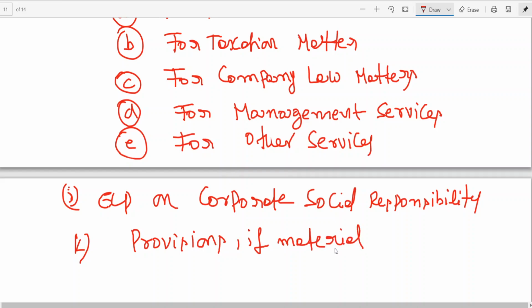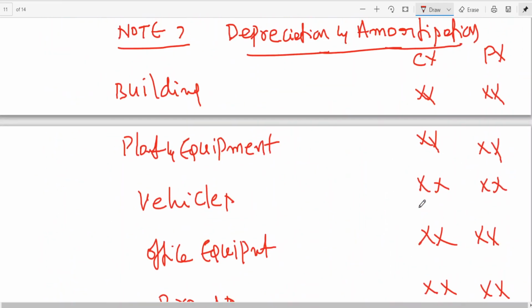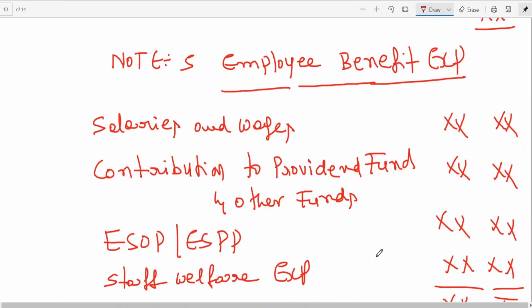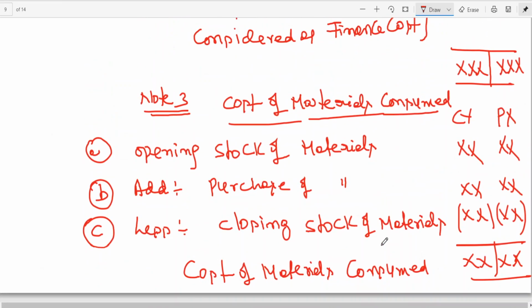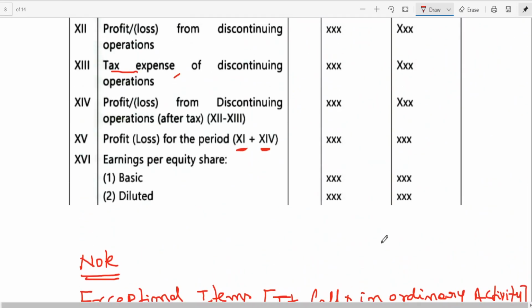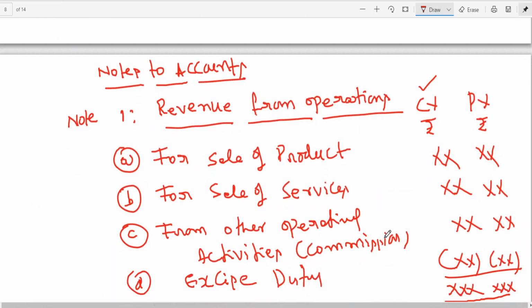Okay, I think I've given the example of other expenses and of depreciation. Finance cost simple, employee benefit expense simple, changes in inventory simple, cost of material consumed simple, and other income simple. And here I have given revenue from operations.